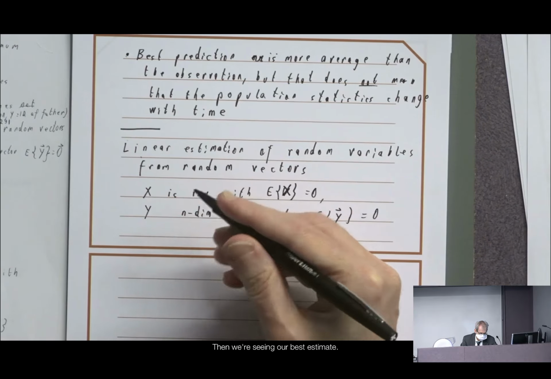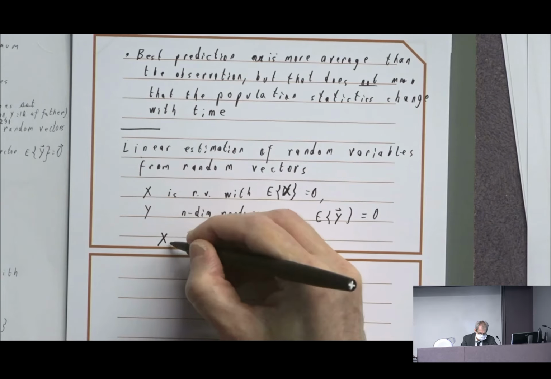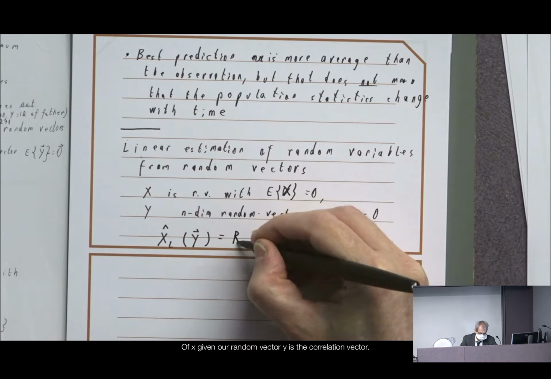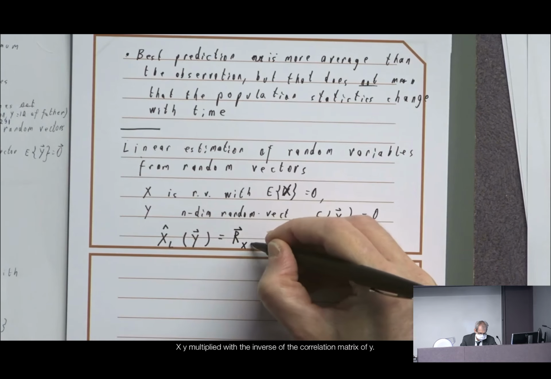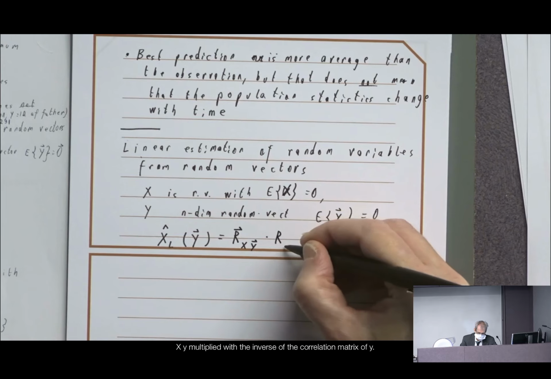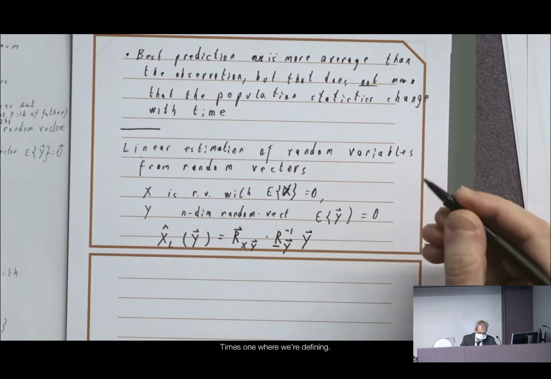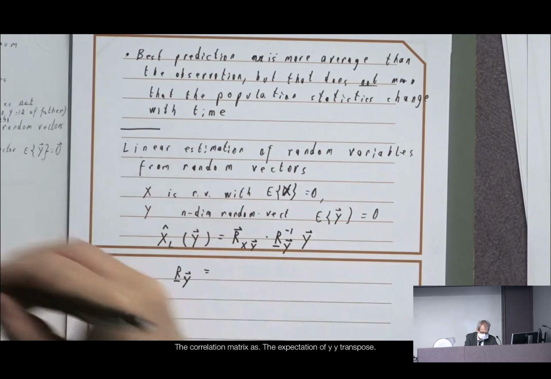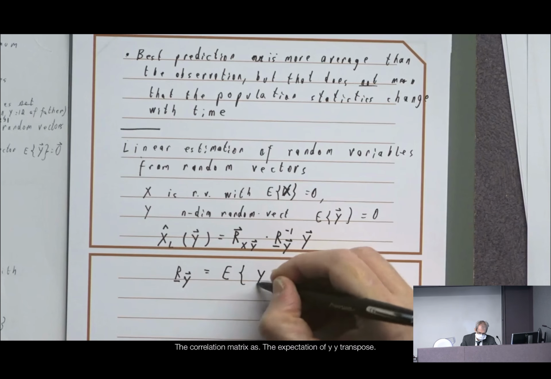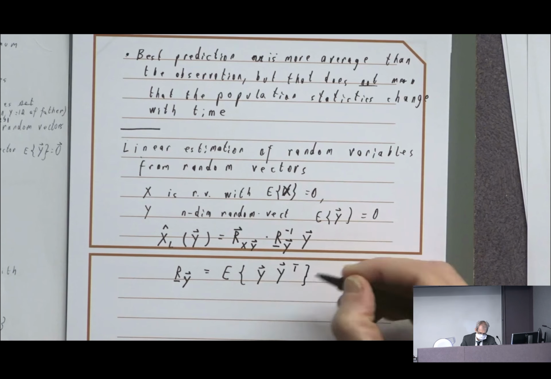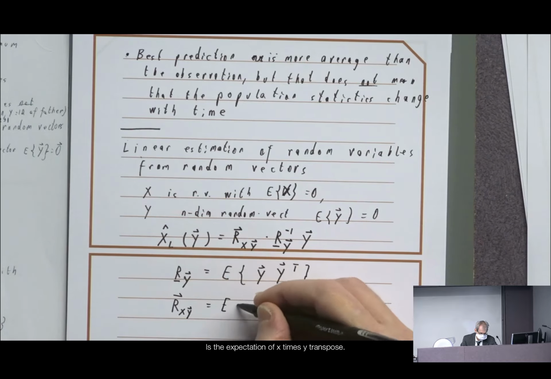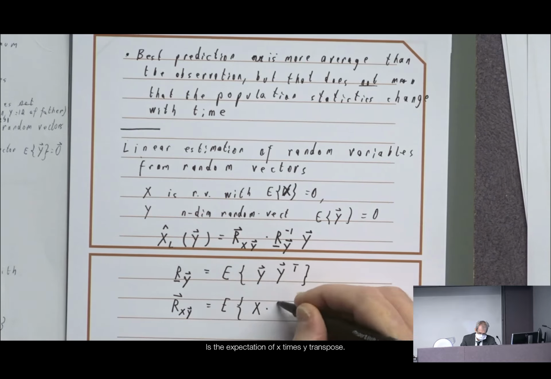Then our best estimate of x given our random vector y is the correlation vector R_xy multiplied with the inverse of the correlation matrix of y, times y, where we define the correlation matrix as the expectation of y times y transpose, and the correlation vector between x and y is the expectation of x times y transpose.